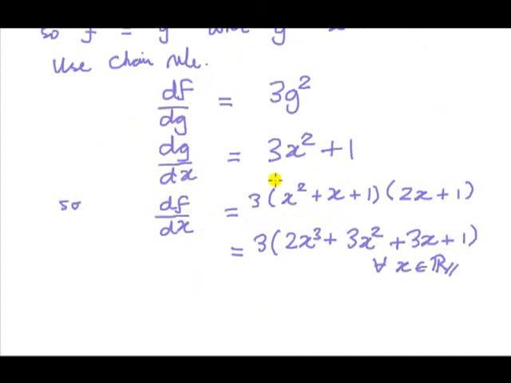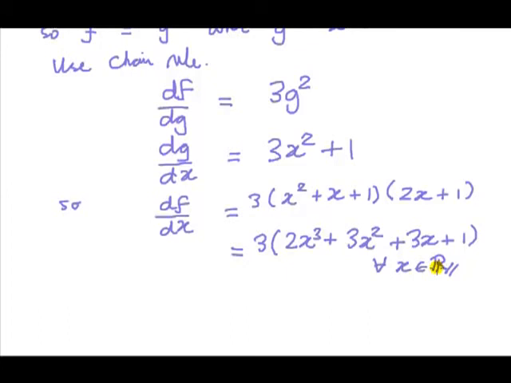So df by dx is the product of these two things, multiply them through. We can expand brackets to tidy things up here, or you could possibly leave it in this form, and this is the answer. So we state what the derivative is, and we also say that this derivative will exist for all x on the real line.